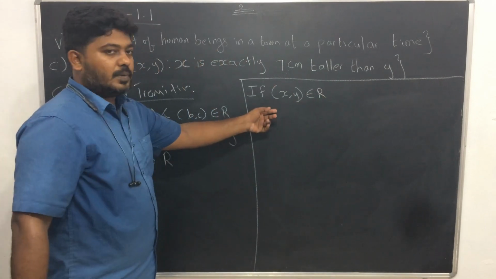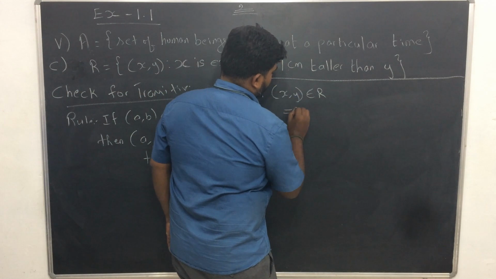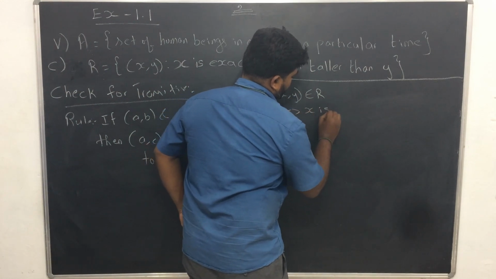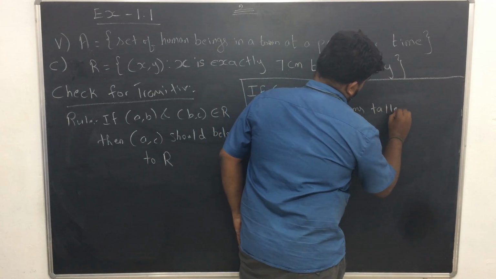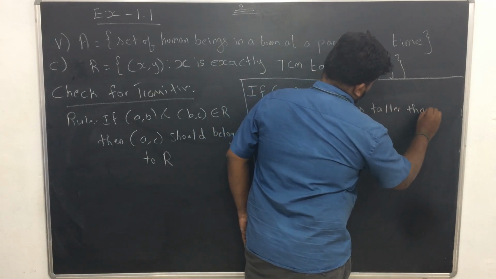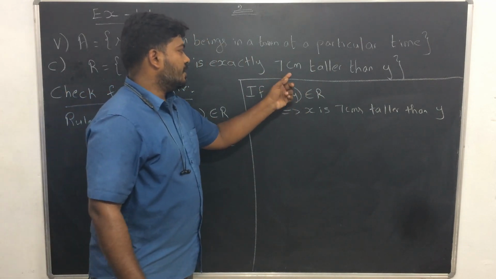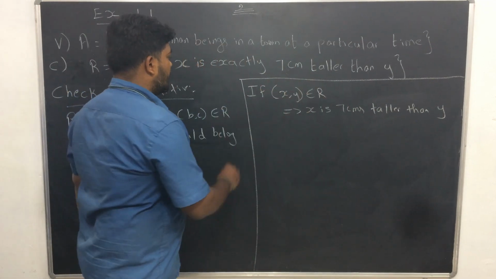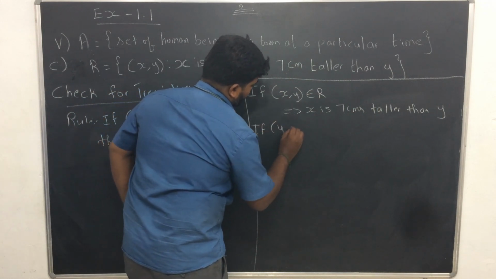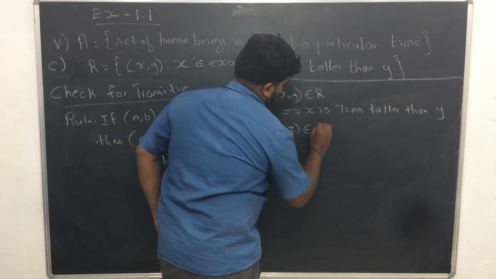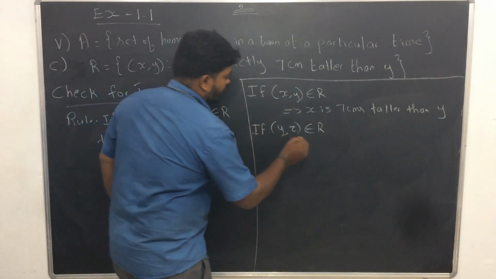what does it imply? As per the relation given in the sum, it implies that x is 7 centimeters taller than y. Now, if (y, z) belongs to the relation R, what does it imply?